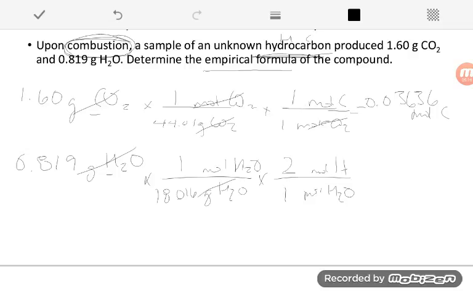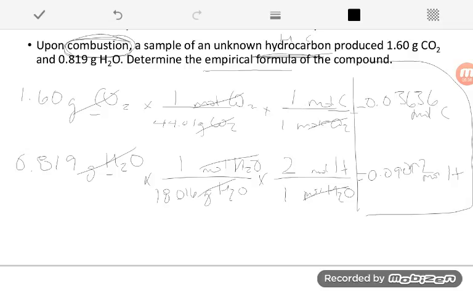So it's really important we get that correct mole-to-mole ratio. Now my moles of water cancel, and I get moles of hydrogen. Again, do the math on this, and I get 0.09092. All right, now that I have moles of the element, now it's just business as usual.